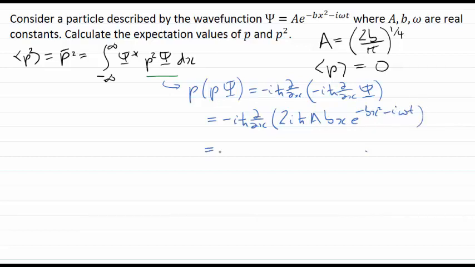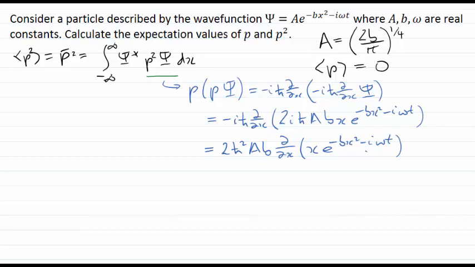Once more, we can pull out all of these constants out the front. i times minus i will just give us 1, and so we'll wind up with 2 times h bar squared times a times b, and then we want to take the derivative of things that do involve x, which will be x e to the minus bx squared minus i omega t.